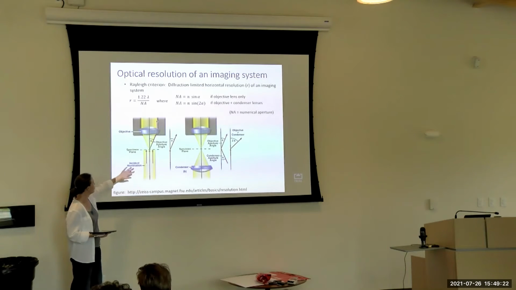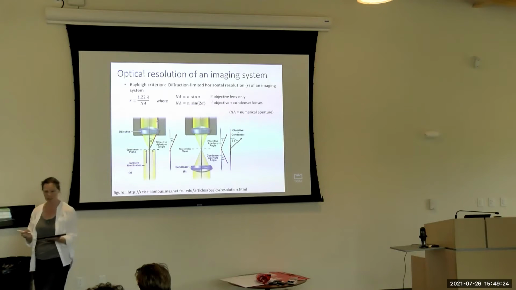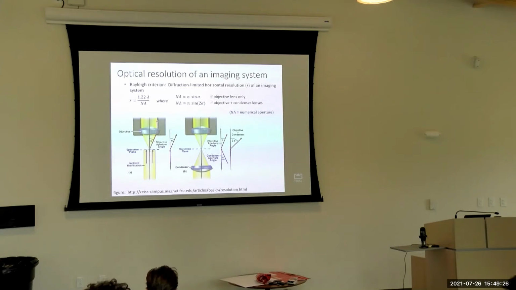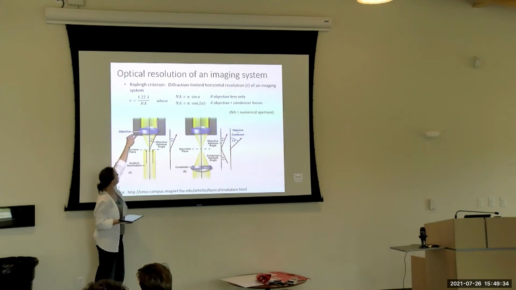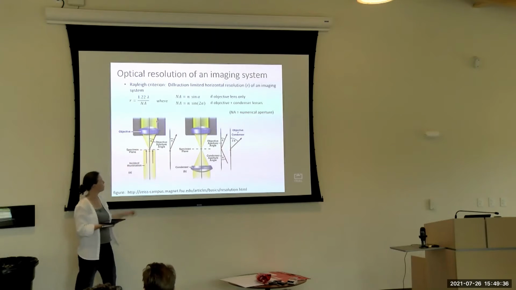So basically, you have light impinging, in both of these diagrams from below, on a plane where whatever we're looking at under the microscope is located. We're focusing our objective lens on a specimen at the specimen plane.